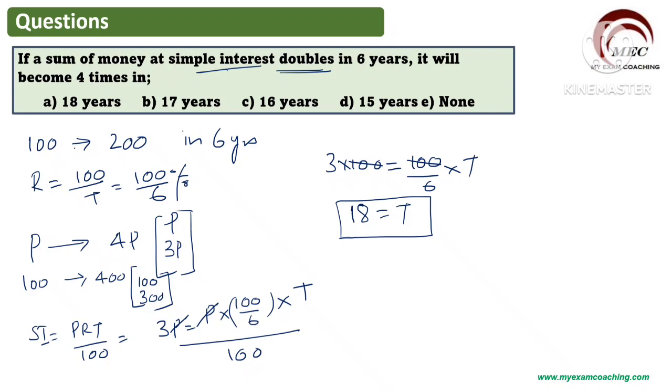Accordingly, you can mark the correct option as 18 years. First we find the rate of interest, and using that rate, second we find in how many years it will become 4 times. It doubles in 6 years and becomes 4 times in 18 years.